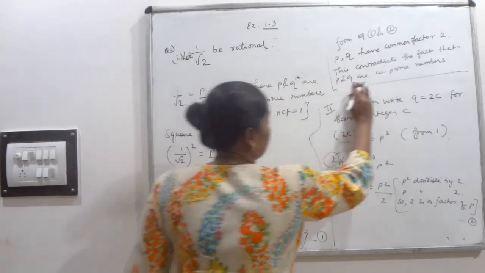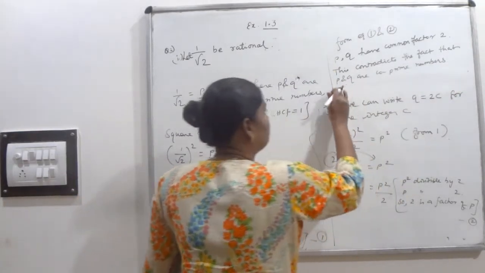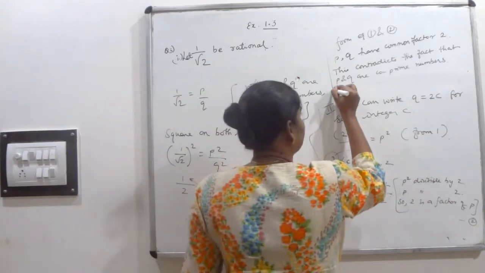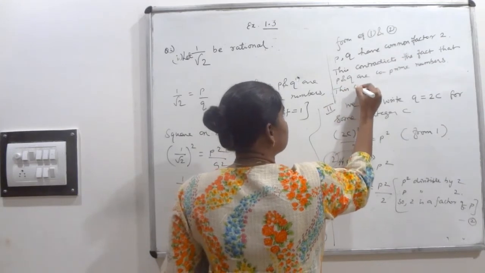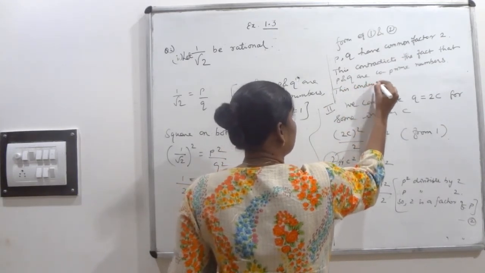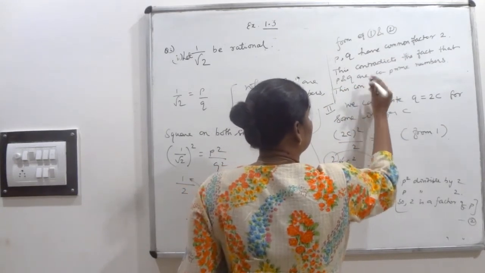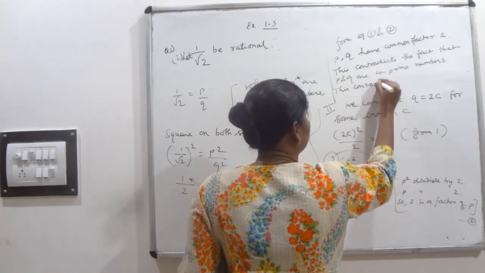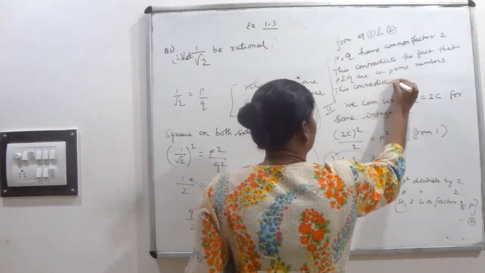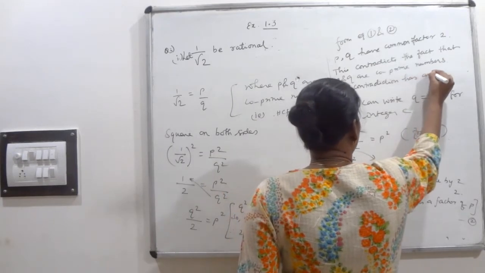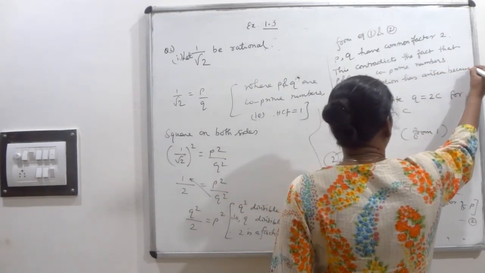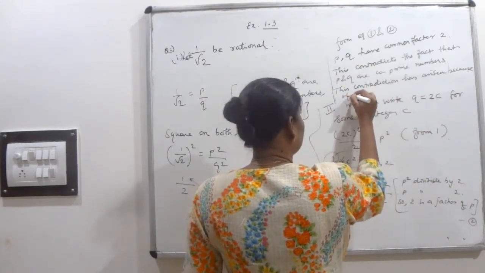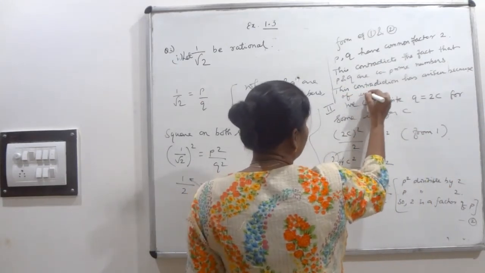And then write: this contradiction has arisen because of an incorrect assumption.